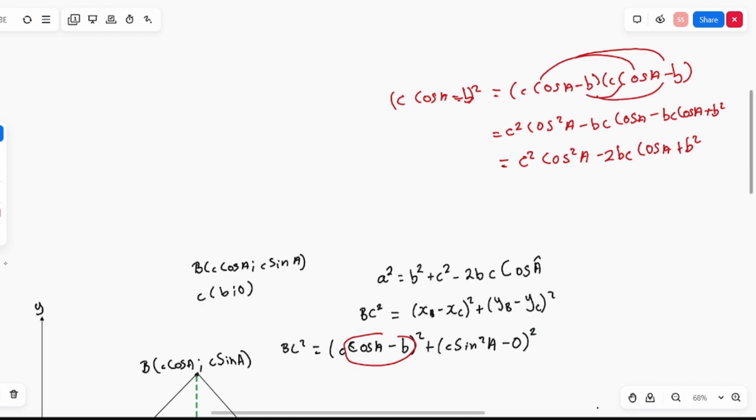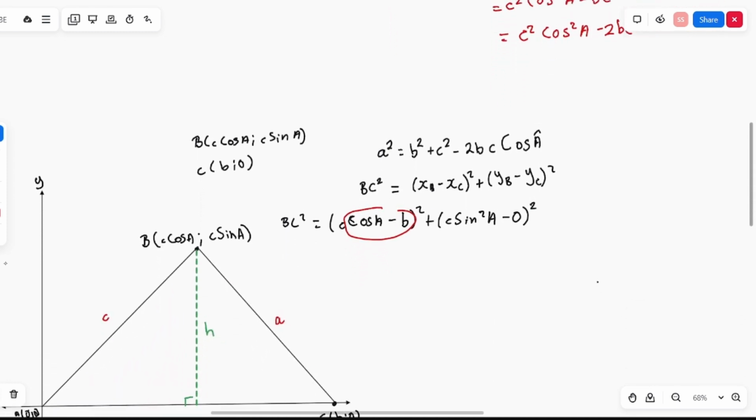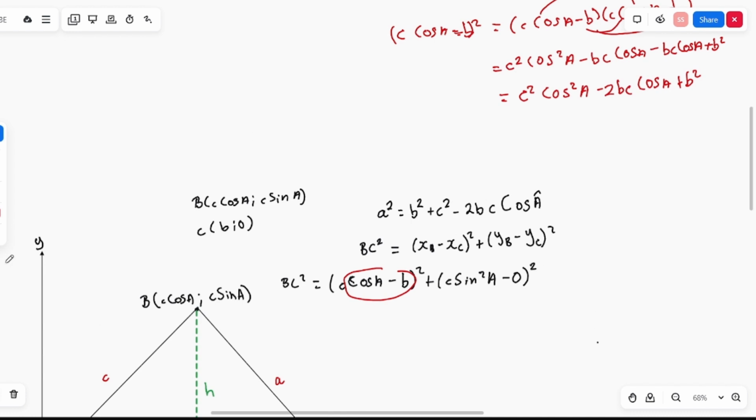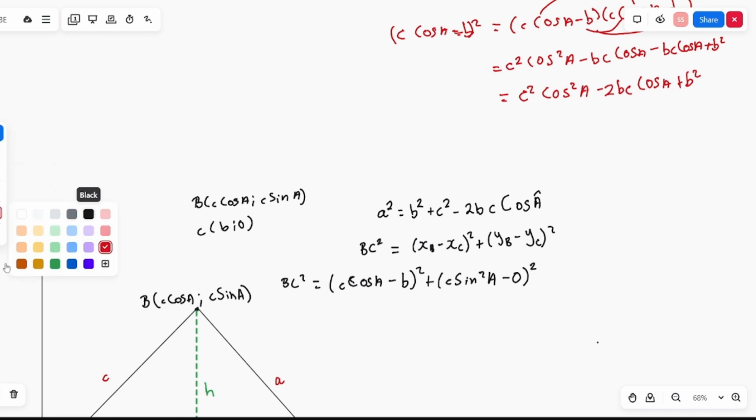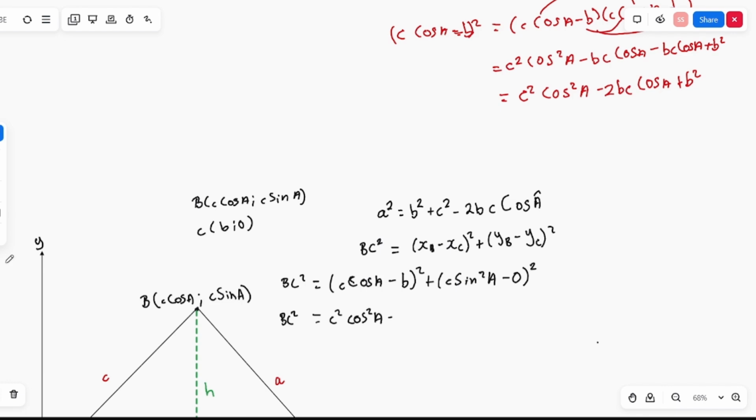That's how we are going to take that value and substitute it in our proof, right? So that's where we are getting that value. So we are going to have BC squared equals c squared cos squared A minus 2bc cos A plus b squared, right?